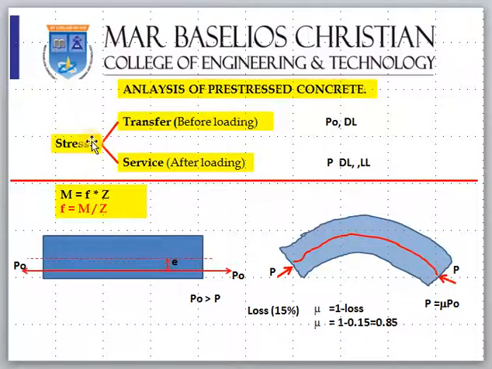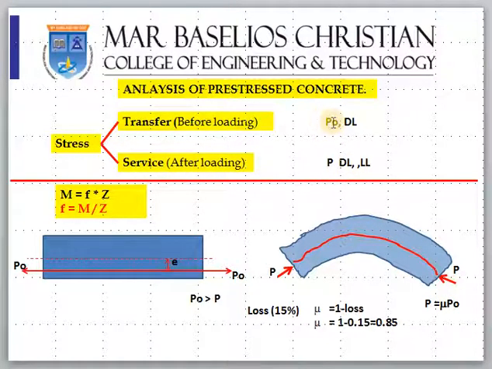And coming to the stress transfer and service again, as I told you, it's before loading. So in the transfer stage you will be having only two loads actually. One is P0, which is the initial prestressing force, and your dead load, because the live load has not yet come into the picture. And in the service stage you will have the final prestressing force.